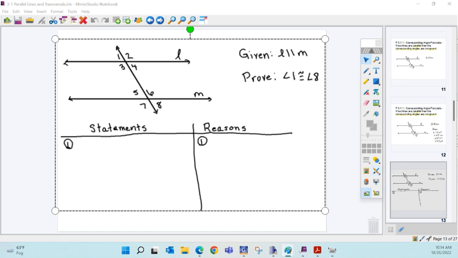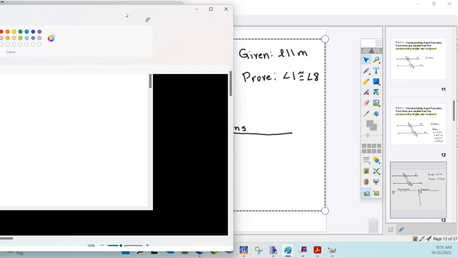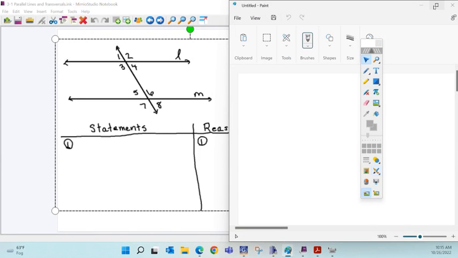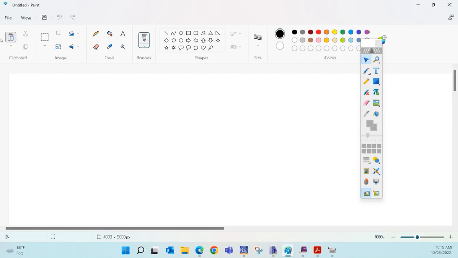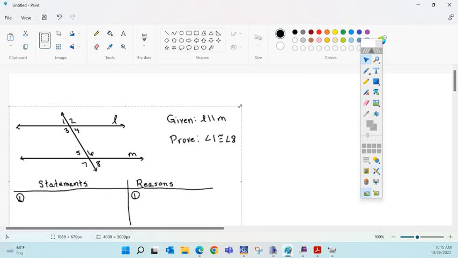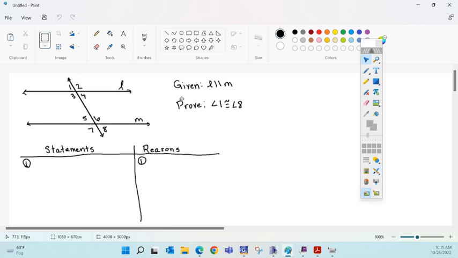It gave me the new sheet over here, so I'll drag it and paste that on there. There we go. So we're going to work through this proof together.